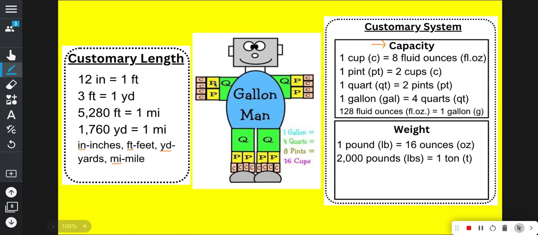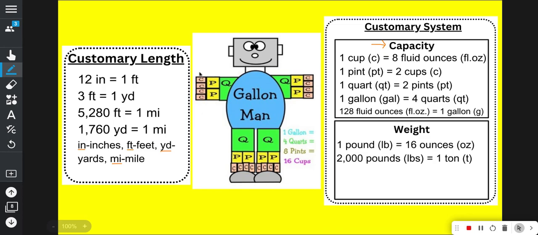Off of each quart, we have 2 pints. And if you feel the bottom part of your arm or the bottom part of your leg, you actually have 2 bones in there. So 2 bones connected to the 1 bone of your arms and legs. So there are 2 pints to a quart, which makes 8 pints to a gallon.